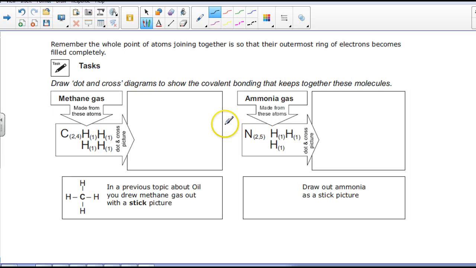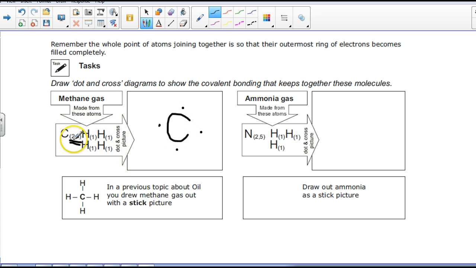So we're going to have our carbon in the center here, and notice that it gives us the electron configuration for carbon. It's got 2 on the inner circle, closest to the nucleus, and then it's got 4 on the outside. I'm just going to show those 4 on the outside, because it turns out that those 4 on the outside are the ones that are most important for bonding.